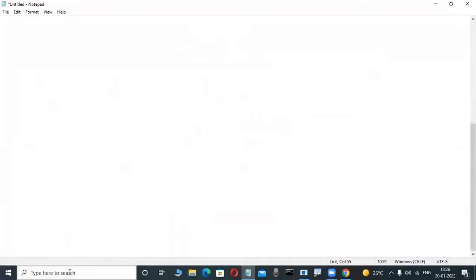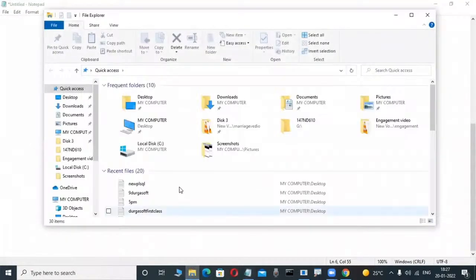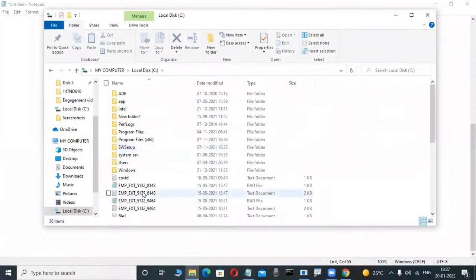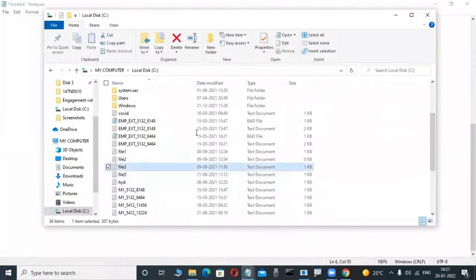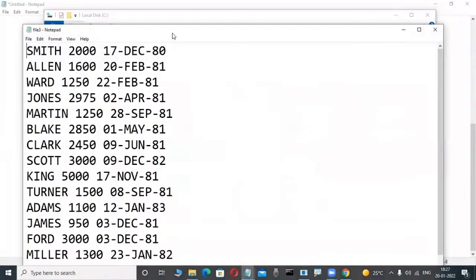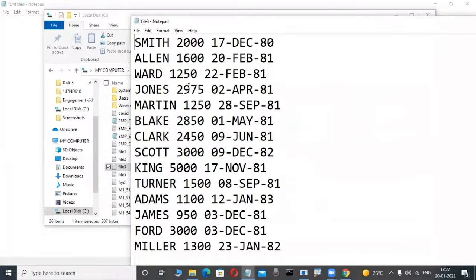is important. Suppose, for example, observe the screen. In the olden days, before 1960, they stored data in a file format like this, as we will learn in the history. A file format also stores data permanently. But here are employee details.